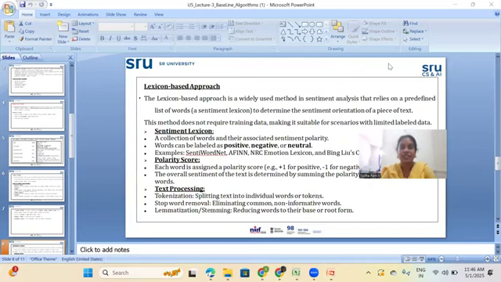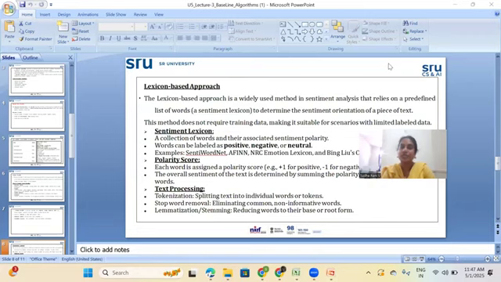So the sentiment lexicon-based approach is also a sentiment analysis, but it's different from the previous algorithm. It relies on a predefined list of words. For example, when you are searching for a word in a search engine, if I give "machine", then automatically "machine learning" or "artificial intelligence" immediately appears, and so on.